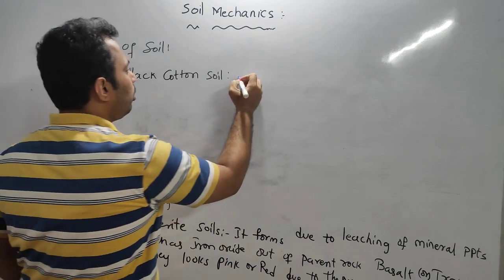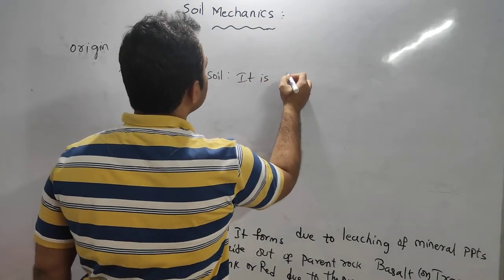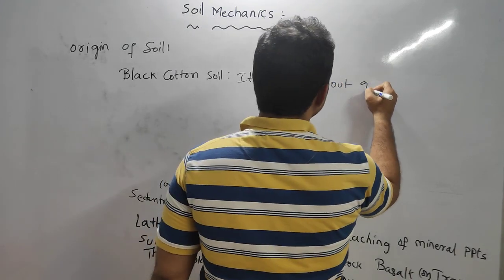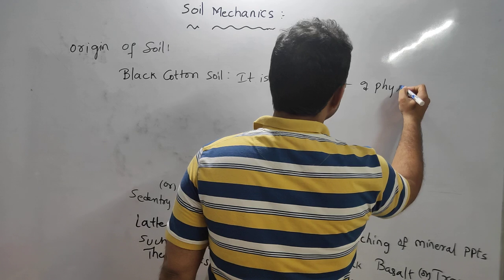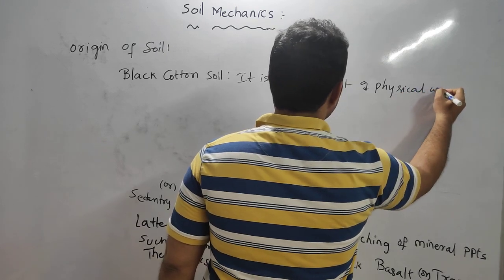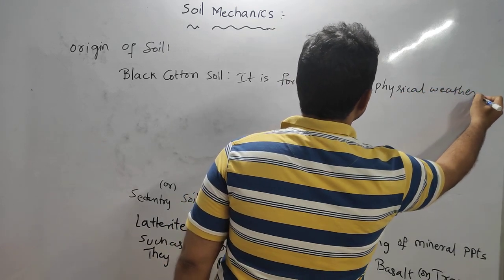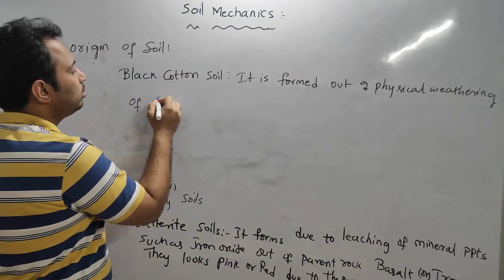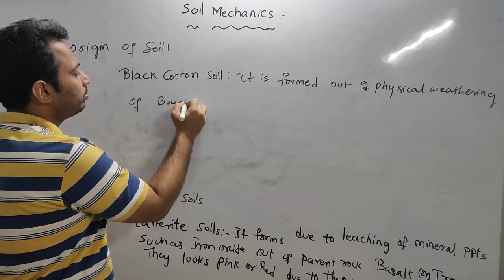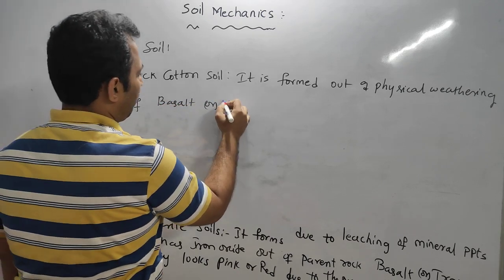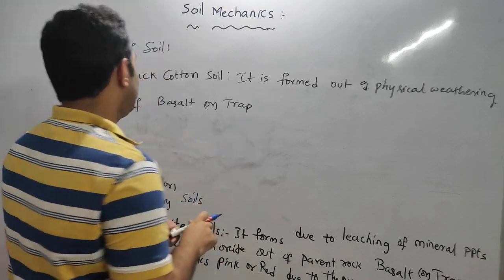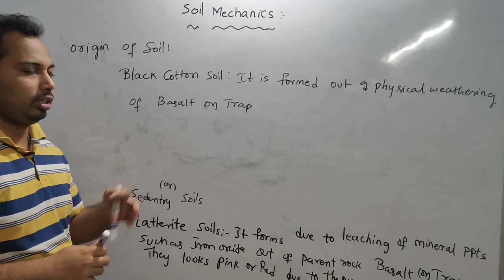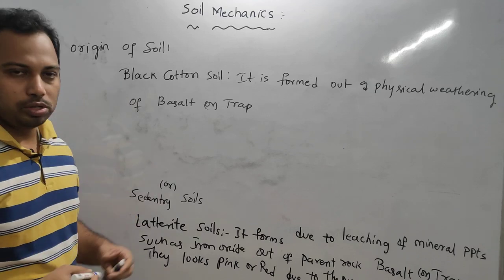So this one is due to physical weathering, whereas laterite is due to chemical weathering.